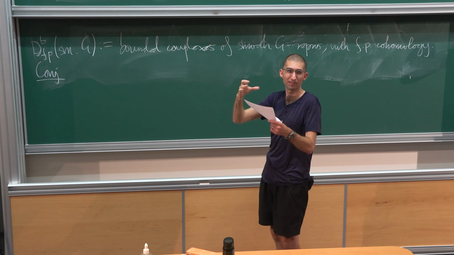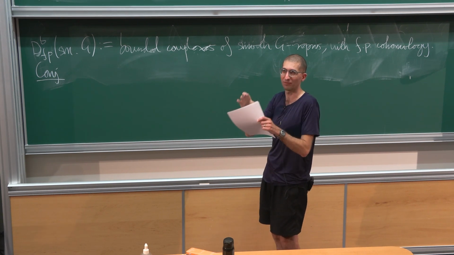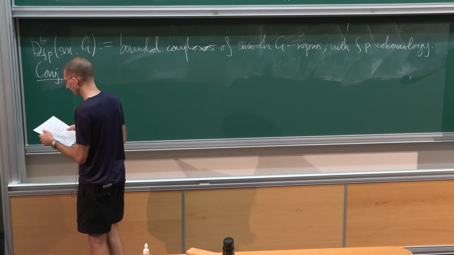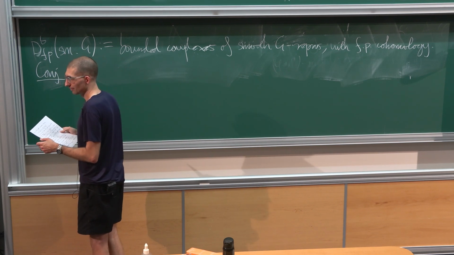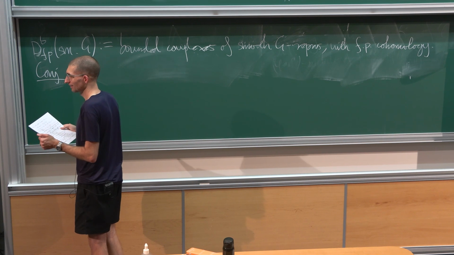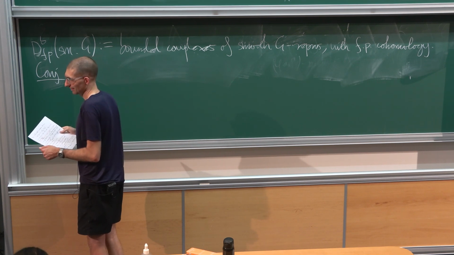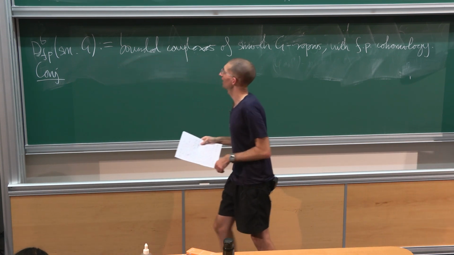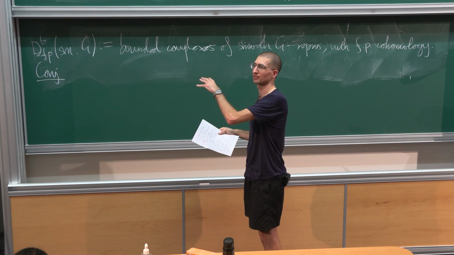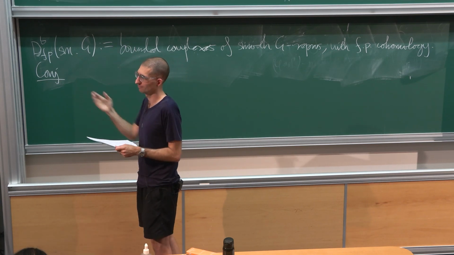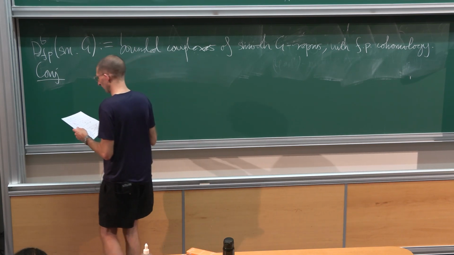An example we'll see in a minute: the group ring itself is very far from being an object in this category. Matt's saying the good analogy is ZP modules and ZP modules killed by a power of P, and that's the case where the group is the trivial group.